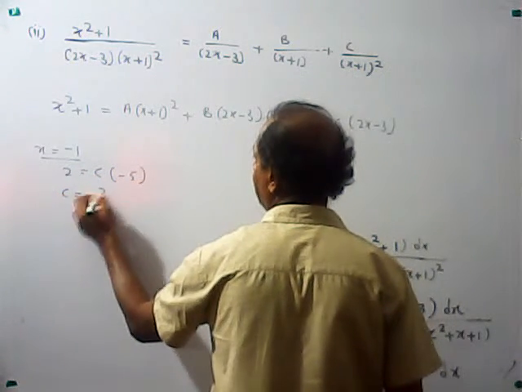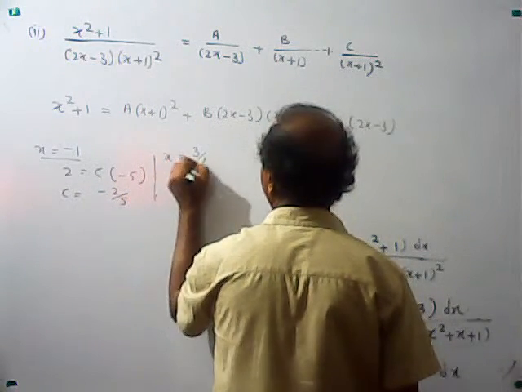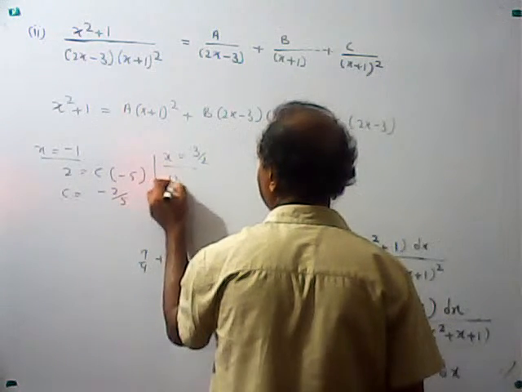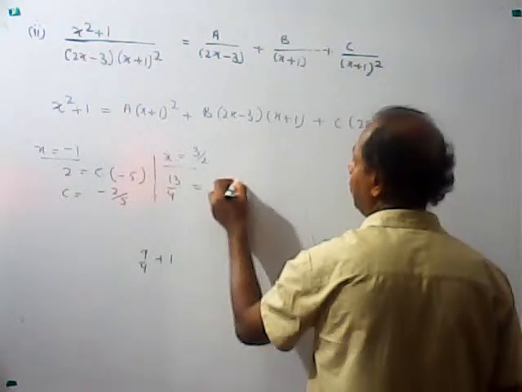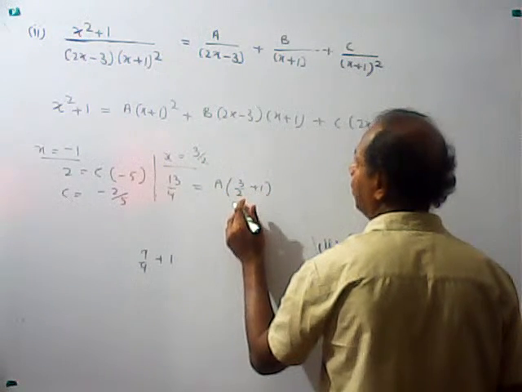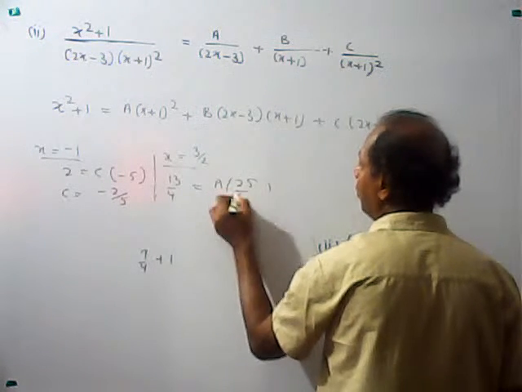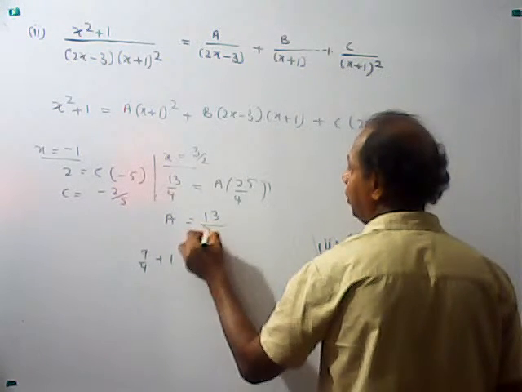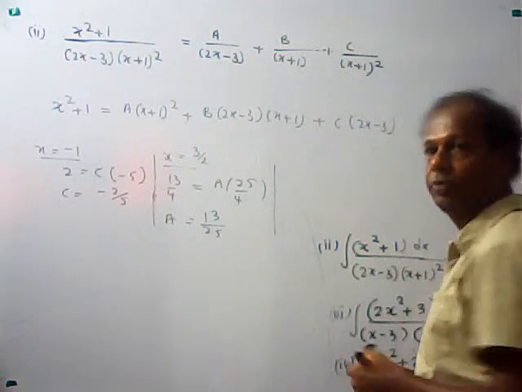C equals minus 2 over 5. x equals 3 over 2 will give 9 over 4 plus 1, which is 13 over 4. On the other side, A into (3 over 2 plus 1) squared, so there will be 25 over 4. So A is equal to 13 over 25. So that's how we can get by substitutions.